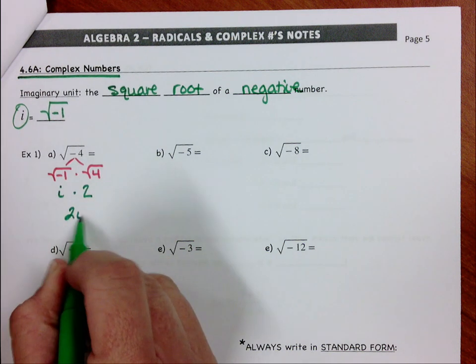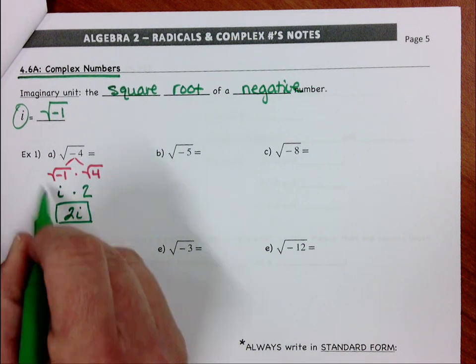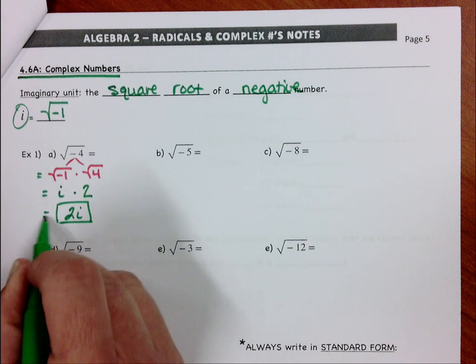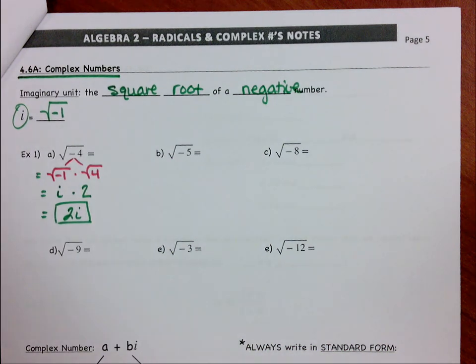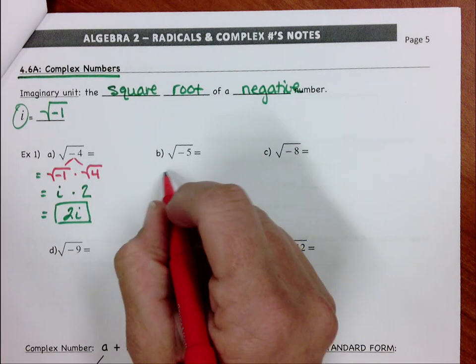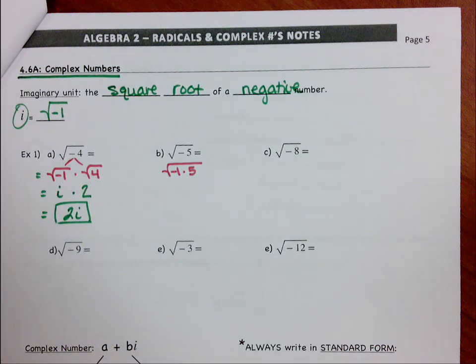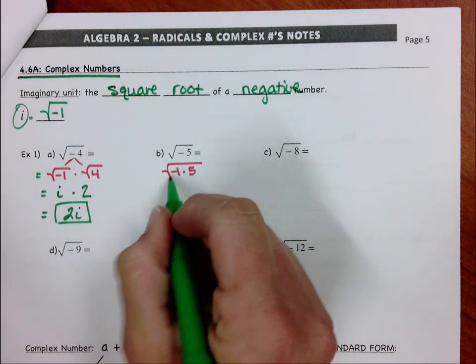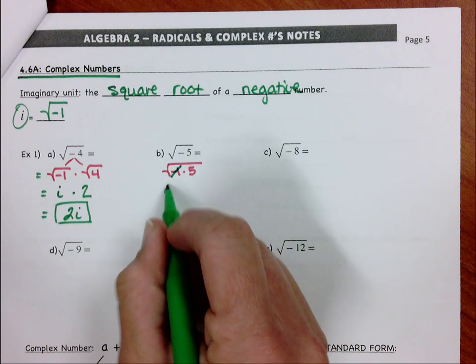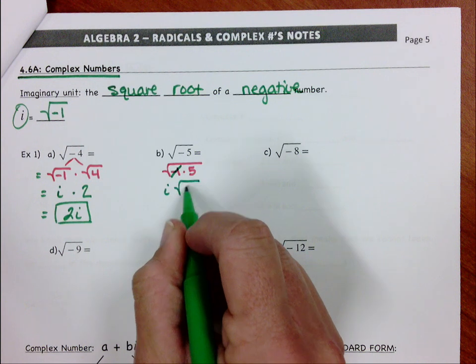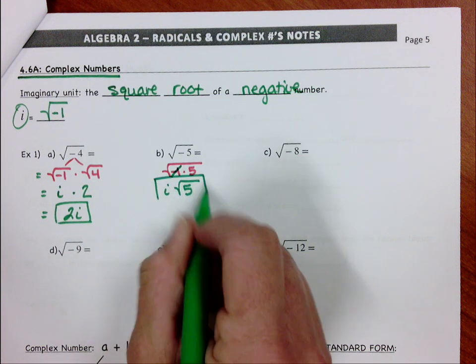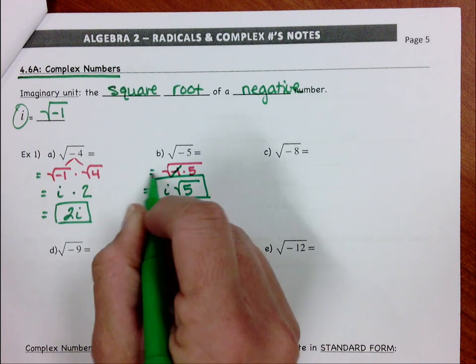And so your answer is 2i. Same thing here. I could keep it underneath and do negative 1 times 5. Again, that negative 1 comes outside as an i, and then 5 doesn't break down. And so it's just i square root of 5.